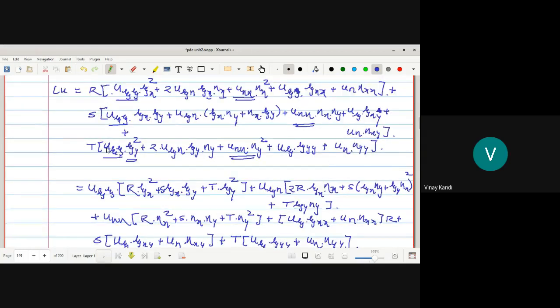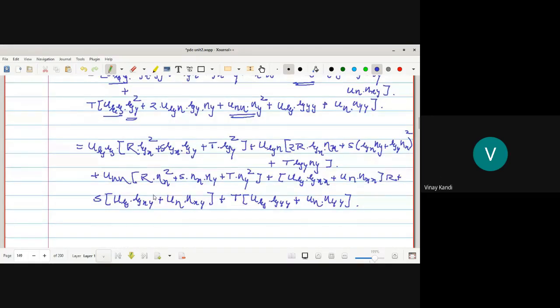After simplification we get this step. These steps are quite complicated, but you will have to do them. This is the value of L operator on U, the differential operator on U.